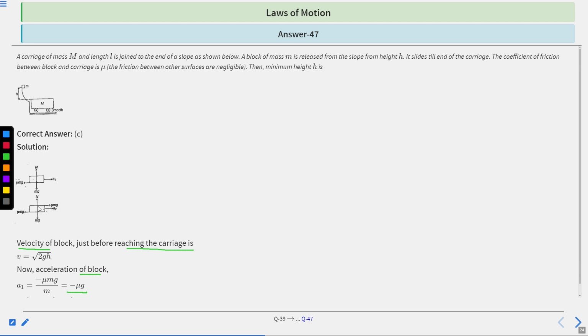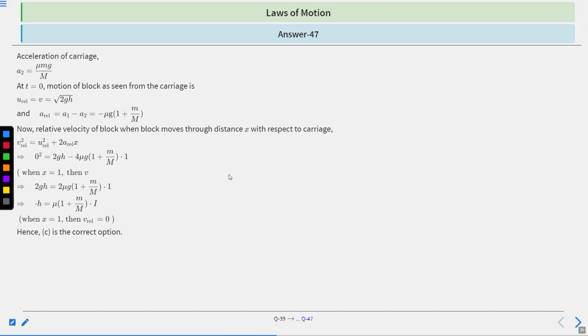According to the free body diagram, the acceleration of the carriage a2 is mu mg divided by M. At t equal to 0, the motion of the block as seen from the carriage has v equal to root 2gh, and solving, a relative is equal to minus mu g times 1 plus m by M.